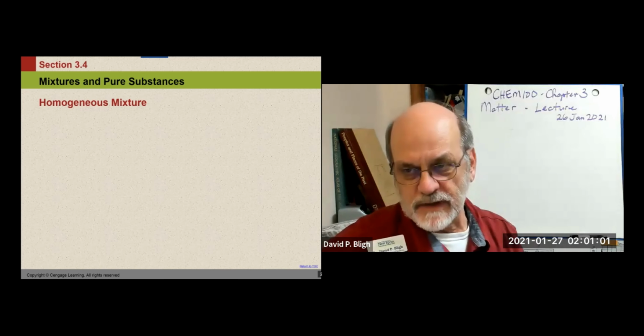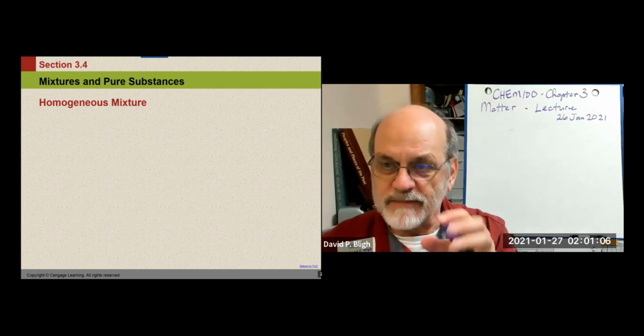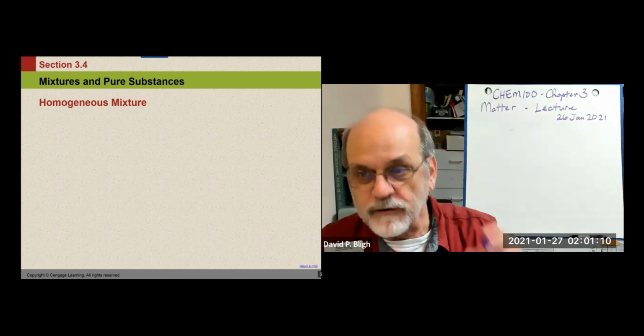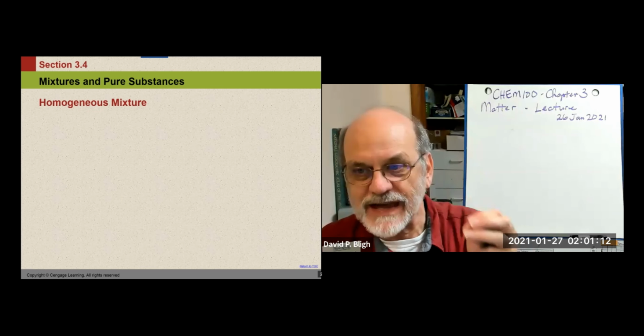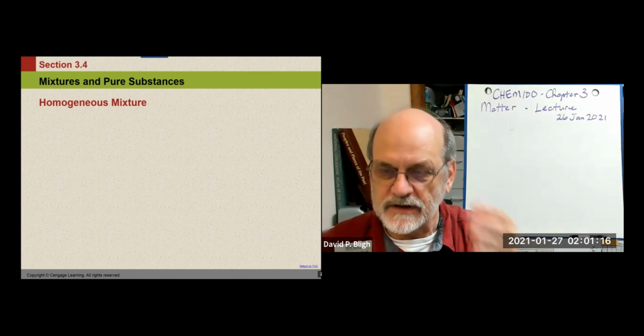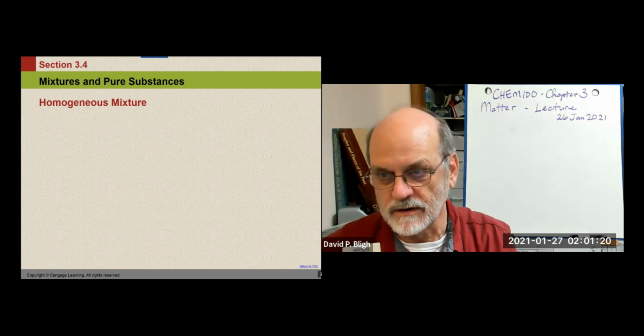The homogeneous mixture is one in which we can sample the mixture in various places, and every place we look has the same composition. The same amount of pure substances together makes a homogeneous mixture.